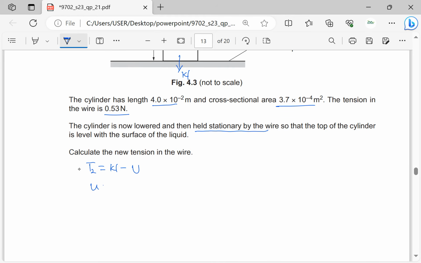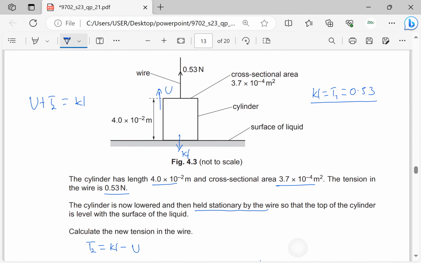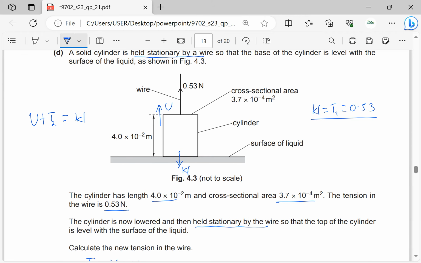But we know that upthrust is equal to the cross-sectional area times difference in pressure, which is density times g times the difference in height. So this is going to simply be equal to the cross-sectional area, 3.7 times 10 power minus 4, times the density. I think we calculated the density of the liquid in the previous part.